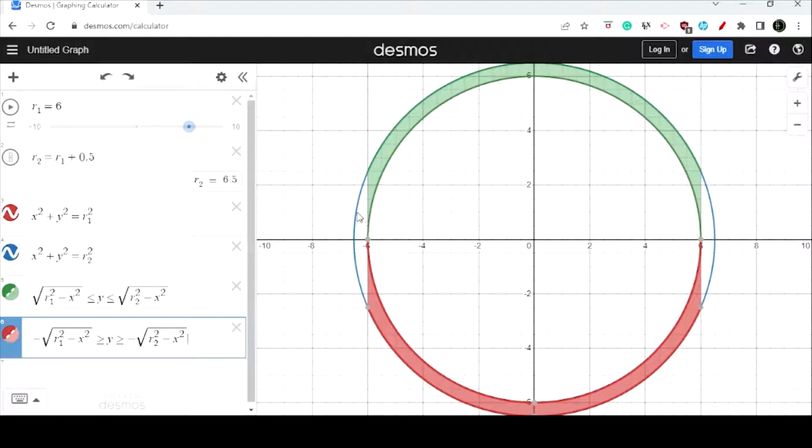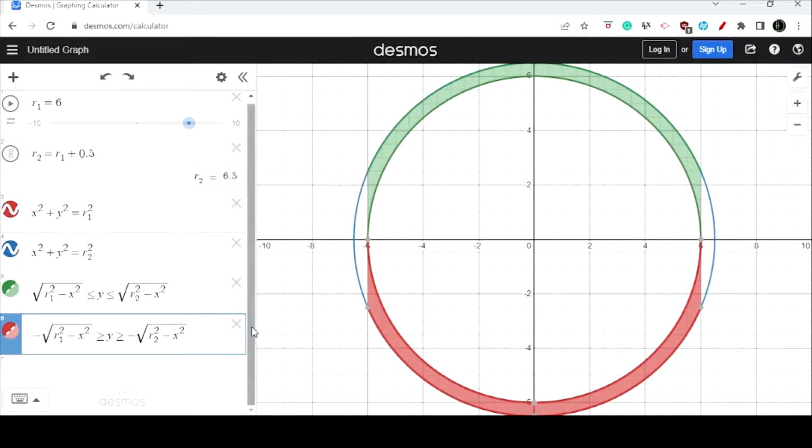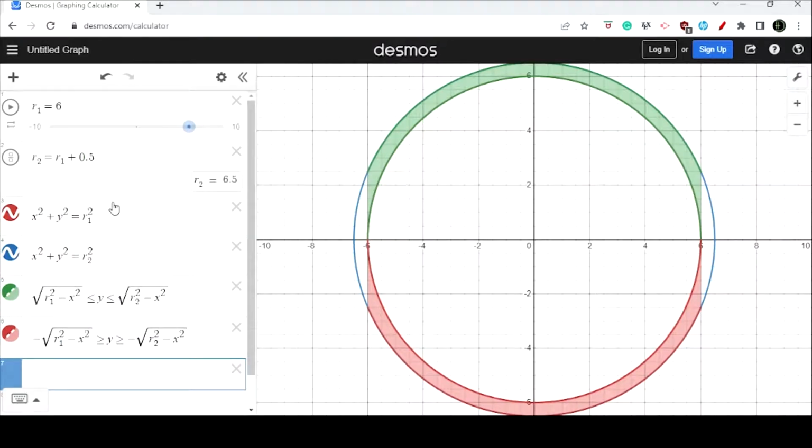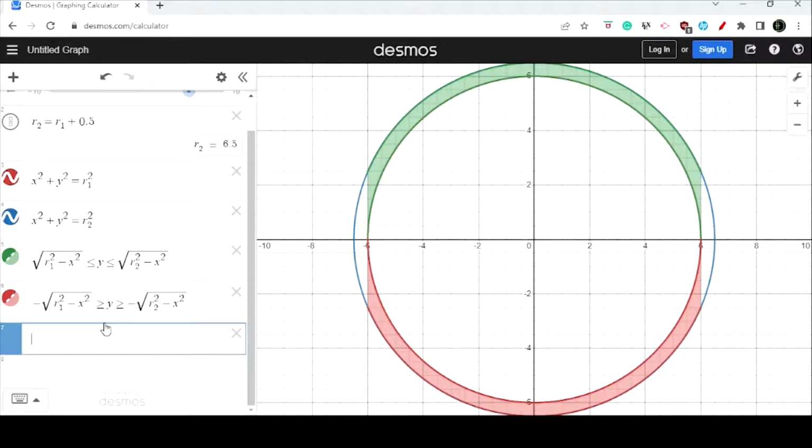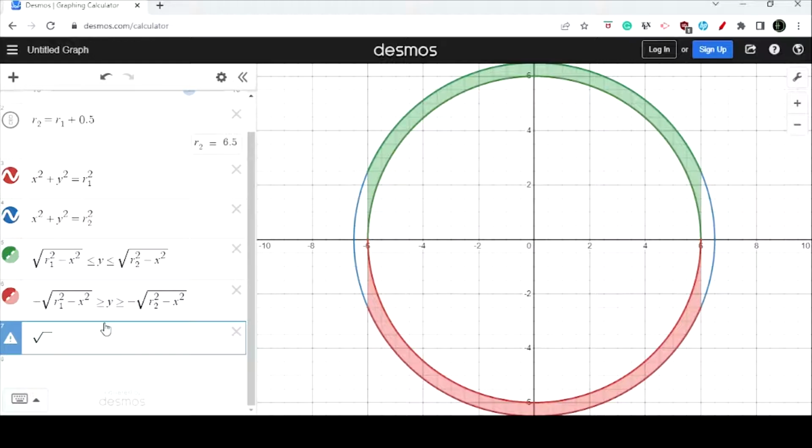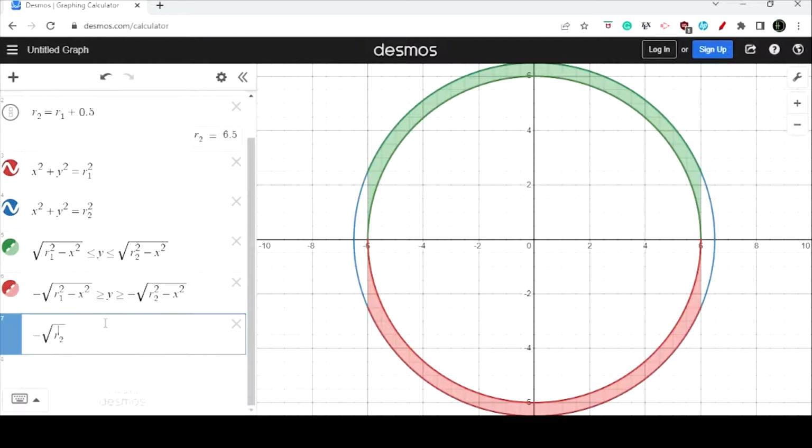Now we need to get this left piece here, and we also need to get this right piece here. And this is the advantage of defining constants right out the gates, so that you don't have to keep remembering what numbers you picked at the start, and you also have that ease of adjustment. So I'm going to go the bottom half first. This is R2 squared minus x squared.